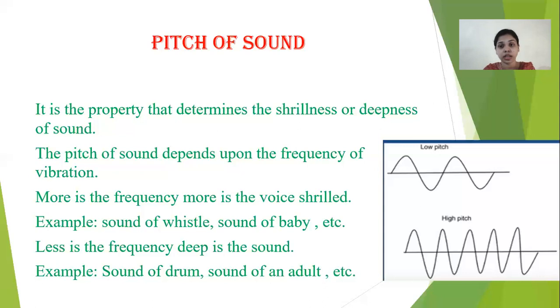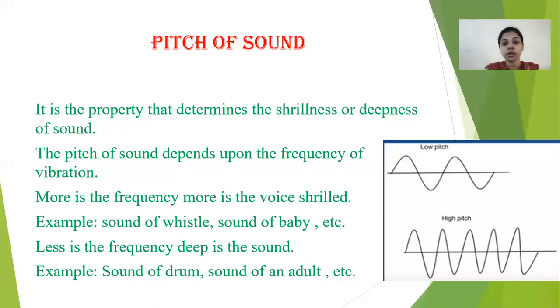Then the wavelength. The wavelength is the distance between two consecutive crests or two consecutive troughs, or one complete wave or one complete cycle, denoted by the symbol lambda, and it is measured in meters or centimeters. Now we learned about the pitch and the loudness of sound.